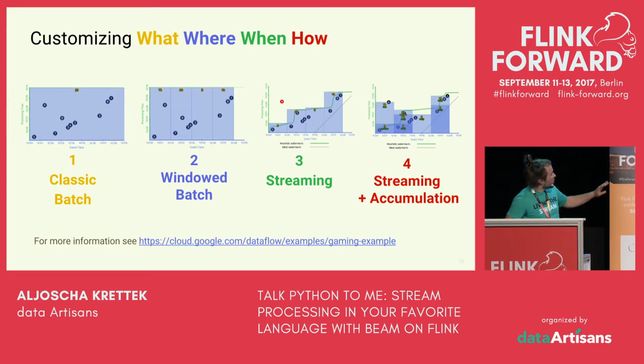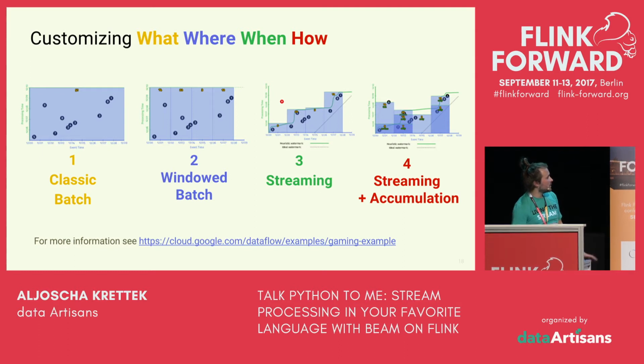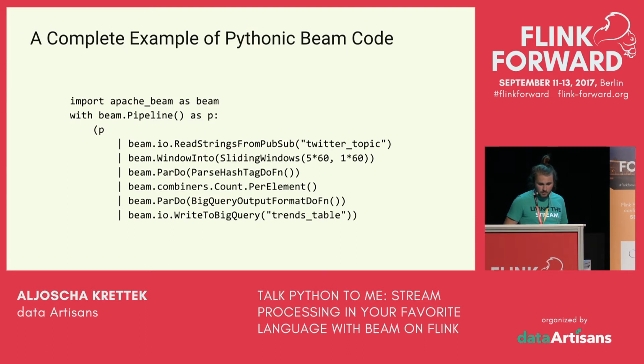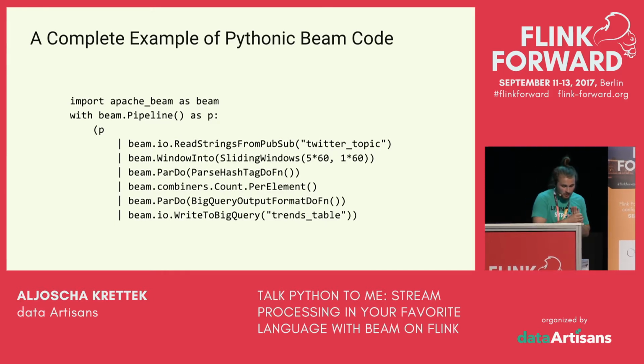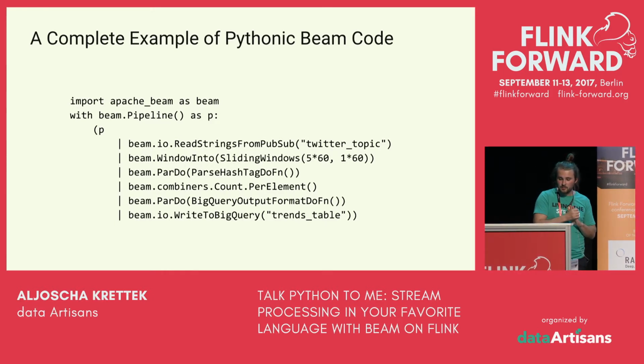But if you want to learn more about this, there's a link that you can go to which has a running example on that. And the slides are going to be available, so you don't have to write it down now, of course. And, of course, I also want to show you a complete example of a working Python example.